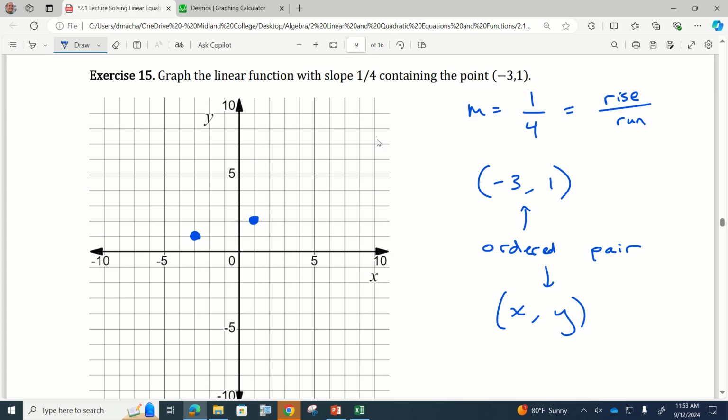The rise is only 1 unit for every 4 units I move to the right. And then I connect my dots. I see that I have made a line, and I can choose to even continue the line on the left if I want to. But that's how you do it. You put the point first, and then you use the slope as rise over run. So you move to the right 4 and move up 1.